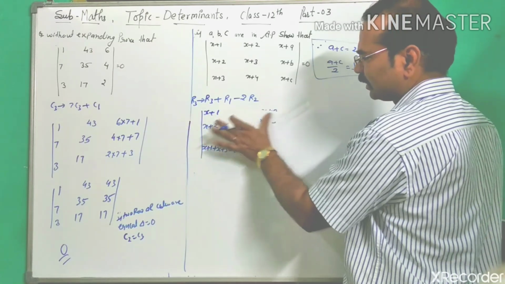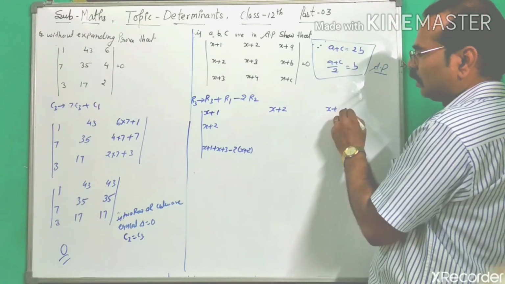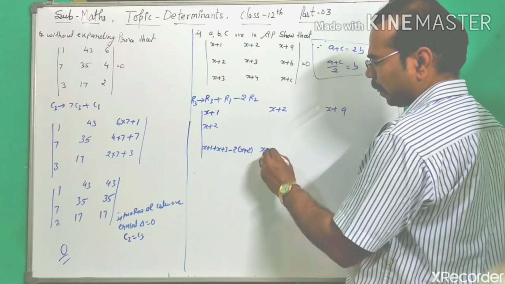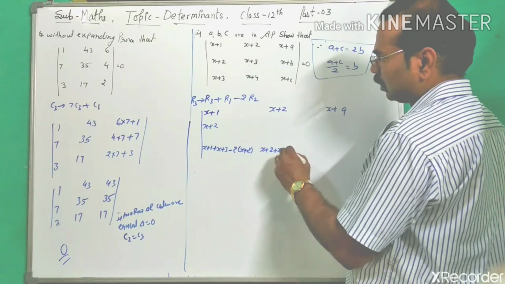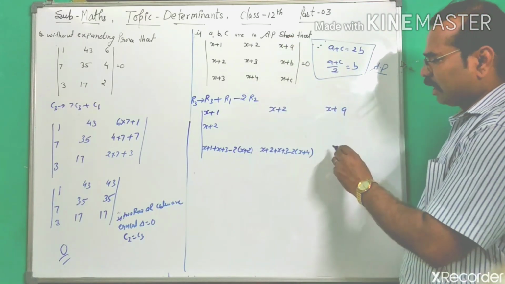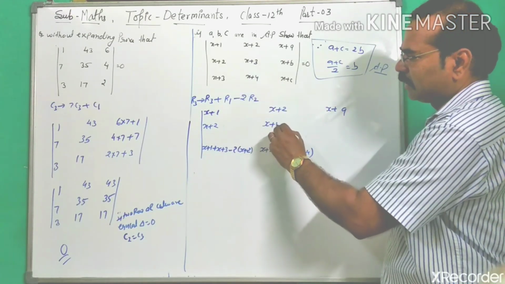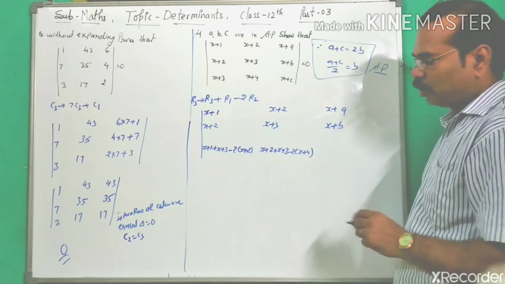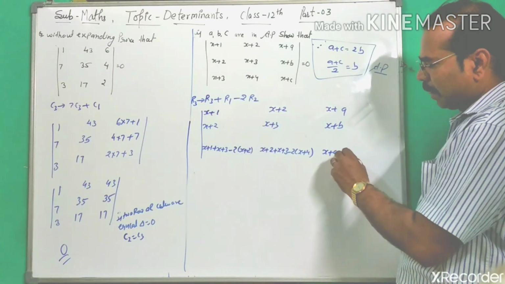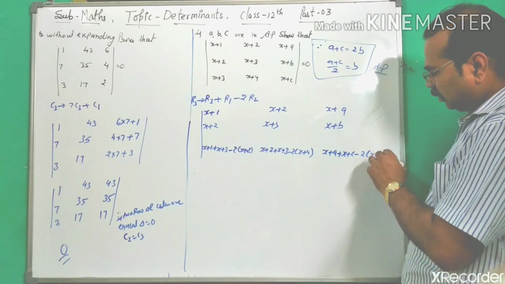If you want, you can expand and write it: x plus 1, x plus 2, x plus a. Now what values come in the second row? Again R3 plus R1 means x plus 2, x plus 3 minus 2 x plus 4. Applying again in R3, we get x plus 1, x plus 2, x plus a; x plus 2, x plus 3, and here the value is x plus b. Now we again do R3 plus R1, R3 means x plus a plus x plus c minus 2 x plus b.